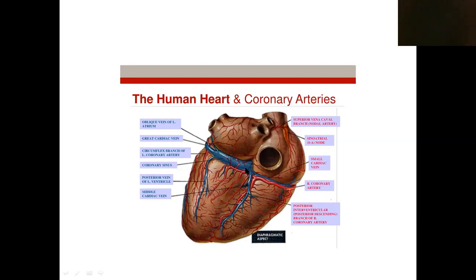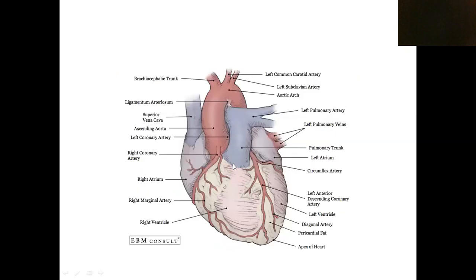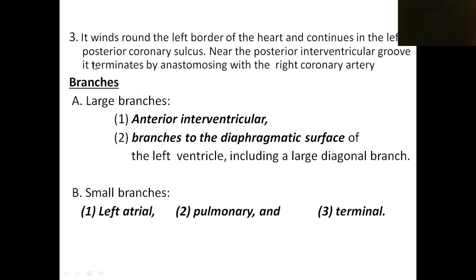See here it joins with the opposite side artery, means right coronary artery. Okay, it winds around the left border of the heart and continues in the left posterior coronary sulcus.